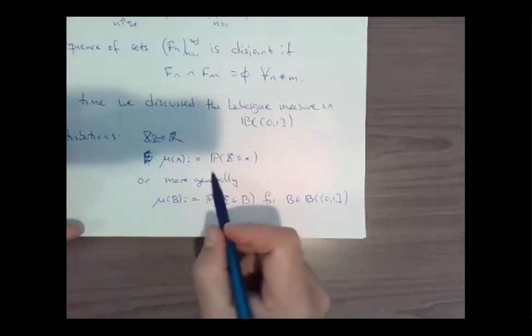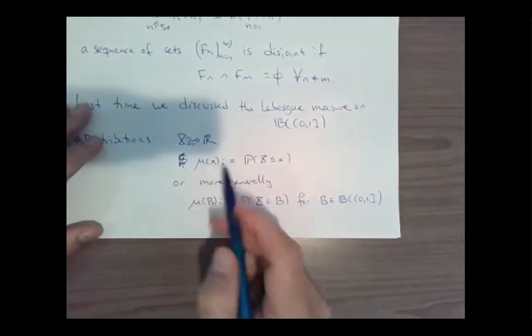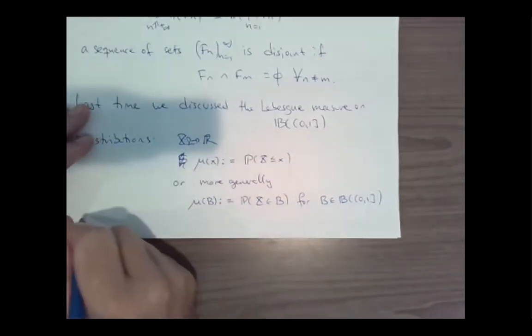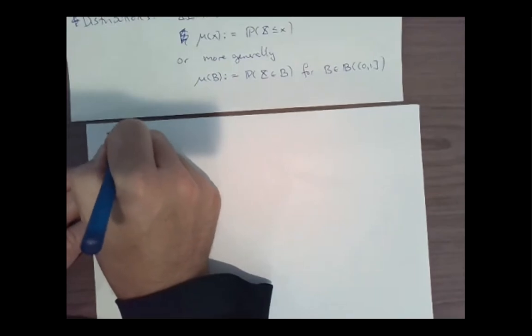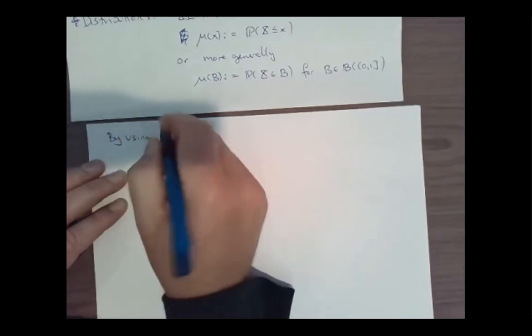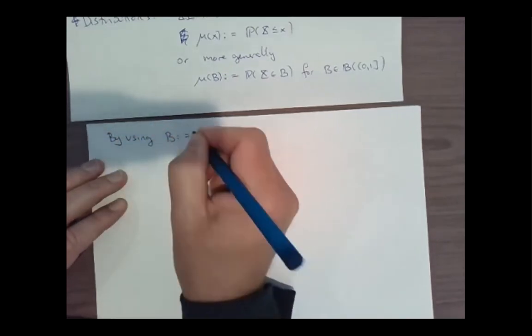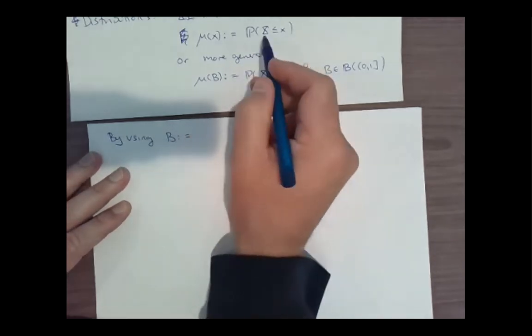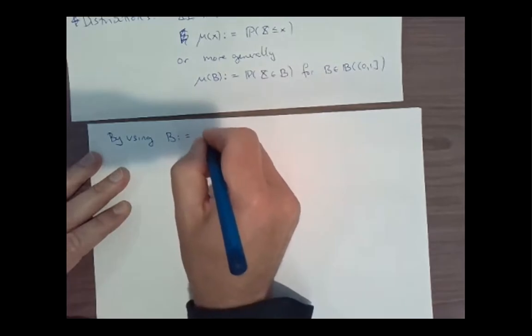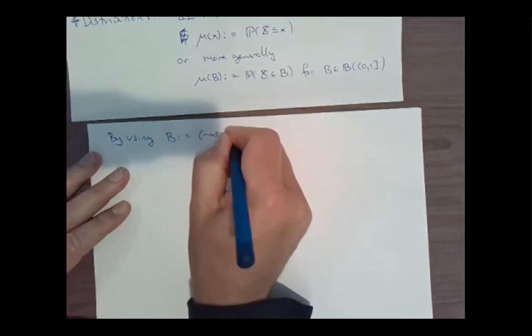And then you get the first one. So these are consistent. By using B to be minus infinity to x.